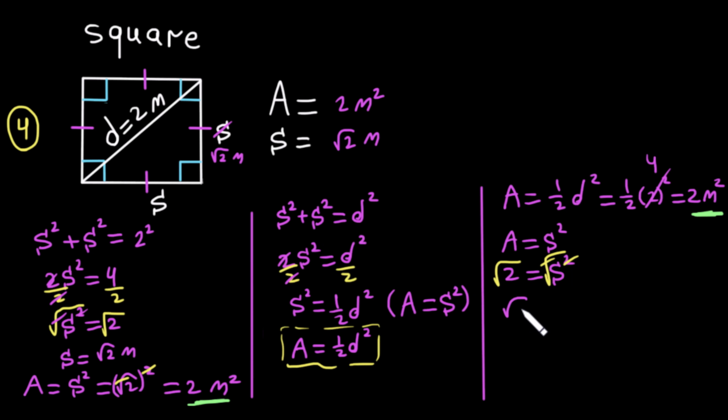So the square root of 2 equals this s, and we can rewrite it again: s equals the square root of 2 meters, which is exactly the same as we found here. So this here is the s, and here, this is the area.